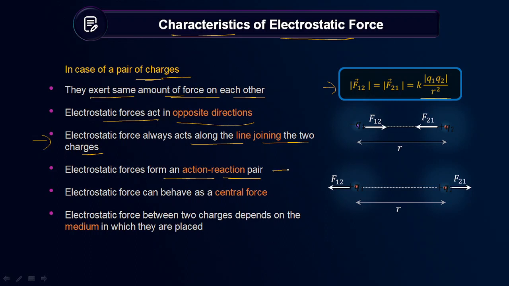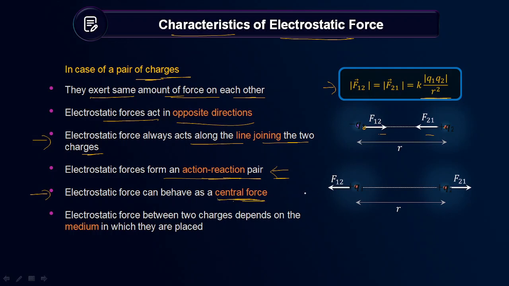What is an action-reaction pair, or Newton's third law? Action-reaction pairs are forces which are equal in magnitude, opposite in direction, and acting on two different objects. In this case, they are acting on two different objects. Their nature is the same, magnitude is the same, direction is opposite, so they form an action-reaction pair. Next, electrostatic force can behave as a central force.